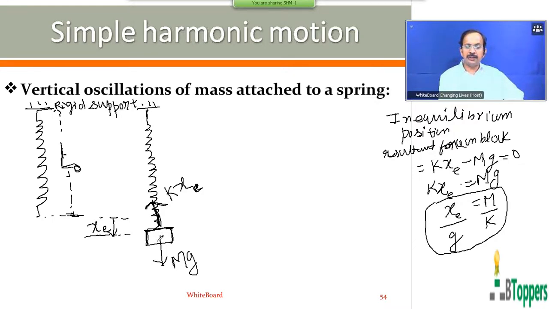Now suppose the block is further pulled down below this equilibrium position. This is the equilibrium position of the block.